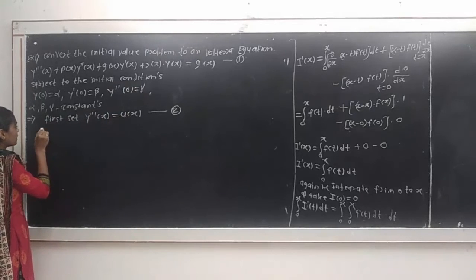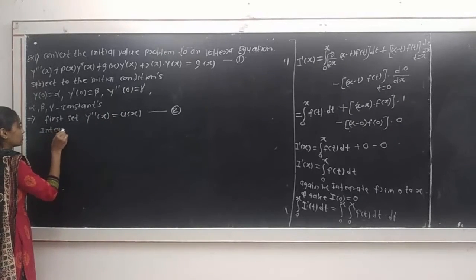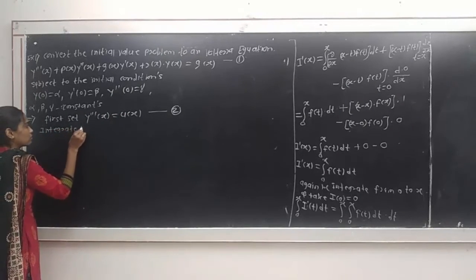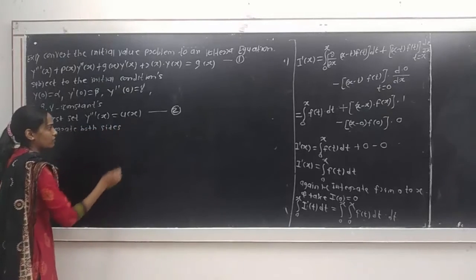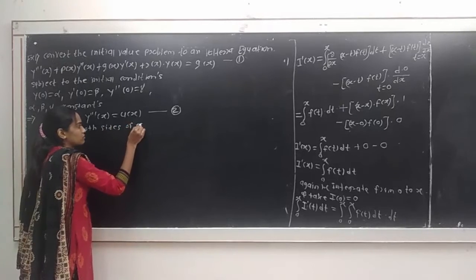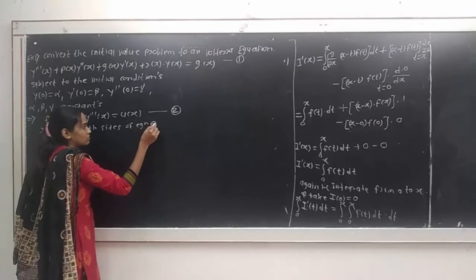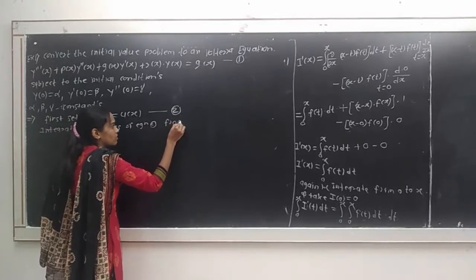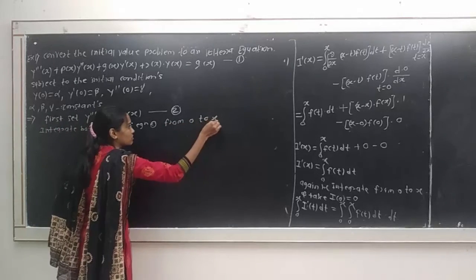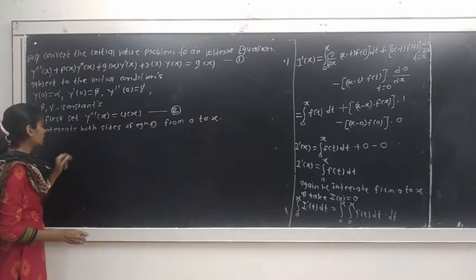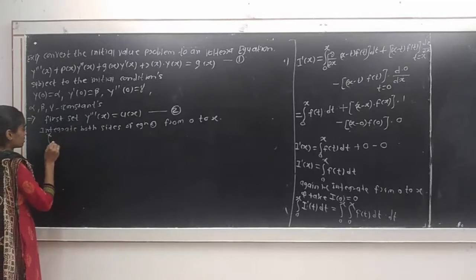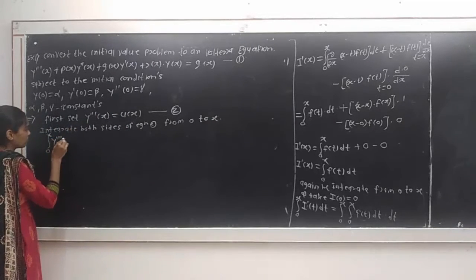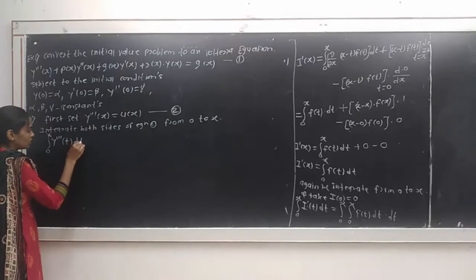Then integrate both sides of equation 2 from 0 to x. We get the integration from 0 to x of y triple dash of t dt.